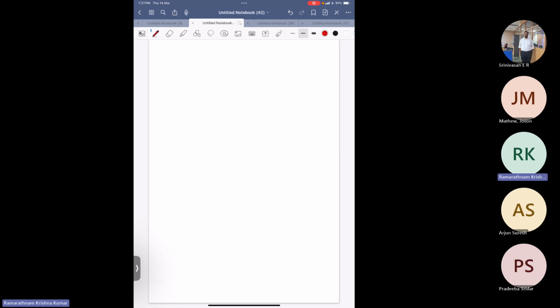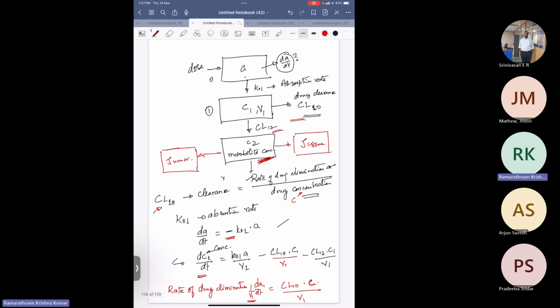Now, I want to find out how the metabolite concentration varies. So I'm looking at dC2 by dt, but for a minute I'm not going to do this, because I'm only looking at metabolite concentration.